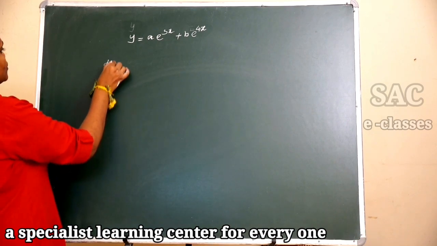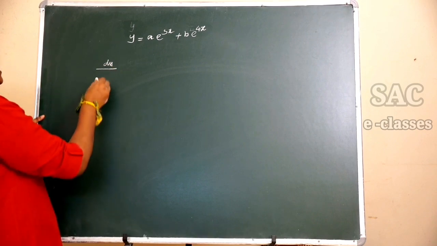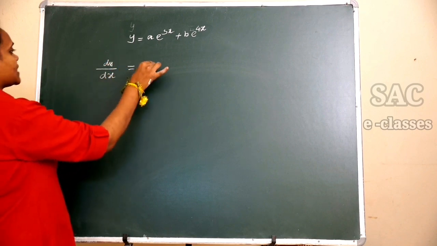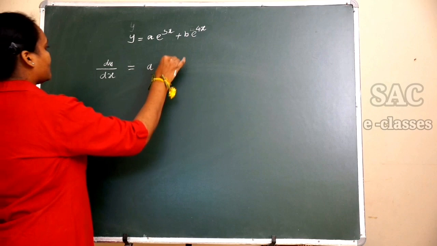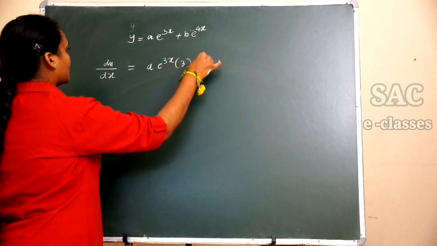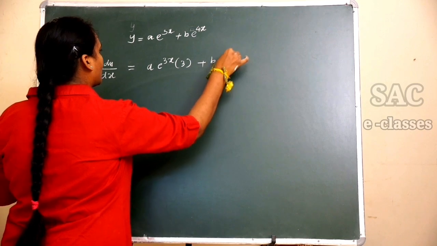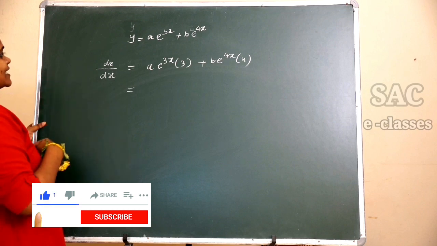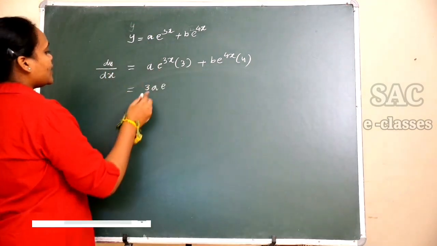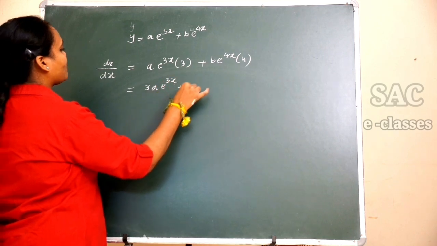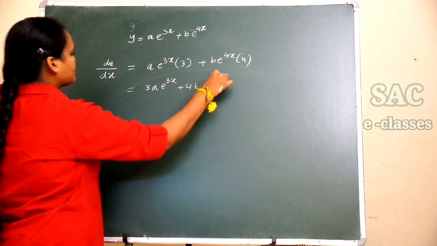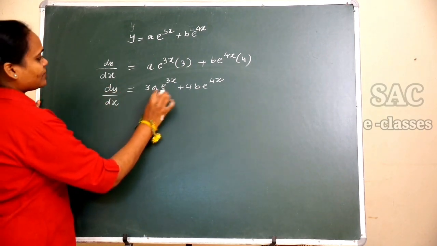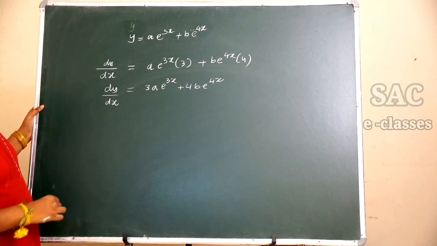Usually, whenever we want to eliminate the arbitrary constants, we find the differentiation. dy by dx equals a into e power 3x into 3 plus b into e power 4x into 4, so 3a into e power 3x plus 4b into e power 4x. We got it, but elimination of the arbitrary constants did not happen.